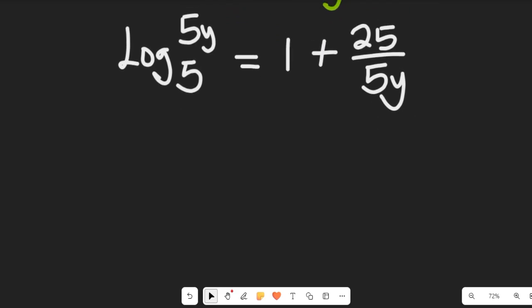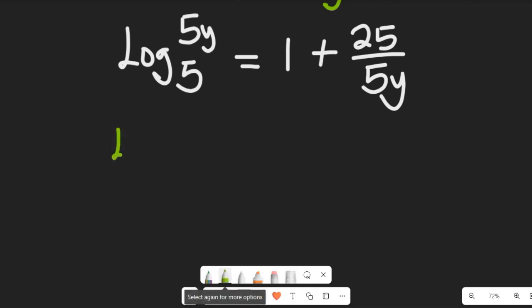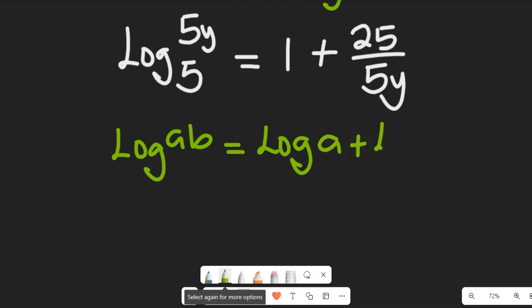Now to find the value of y, I want you to recall one solid expression from the laws of logarithm. That if I have the log of ab, this can be equal to the log of a plus log of b, right? So that means I can separate this.